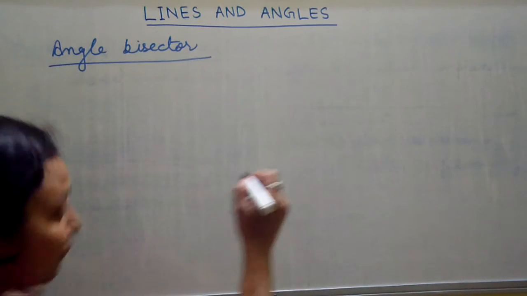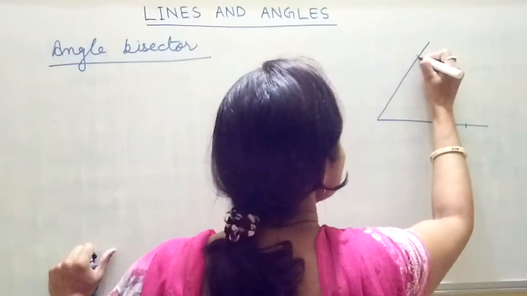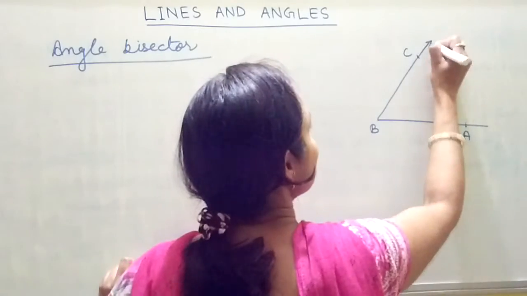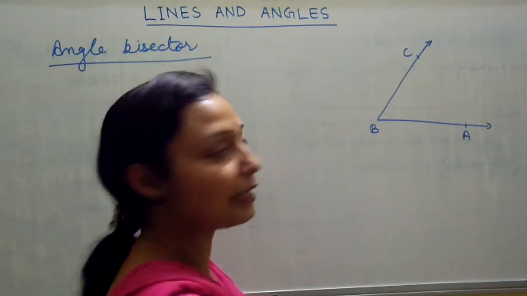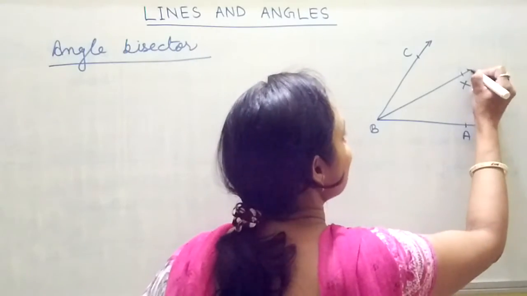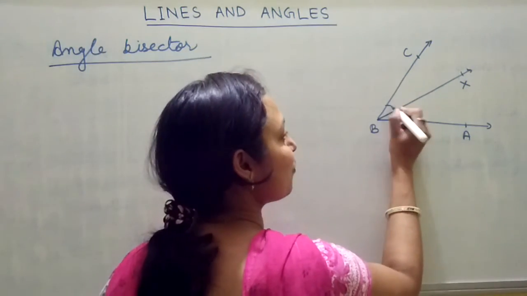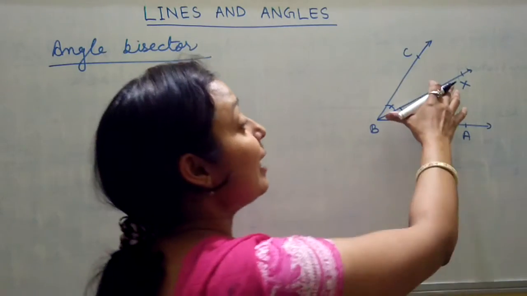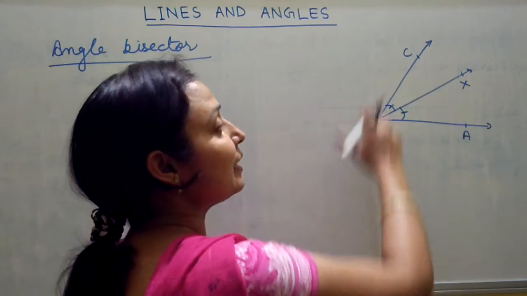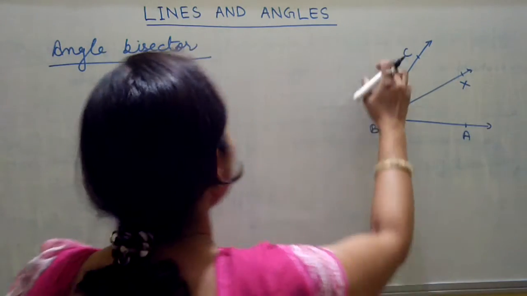For example, I have an angle: this is A, this is B, this is C. We have angle BAC. This is the ray BX in between such that this angle and this angle are both equal. Then BX is said to be the angle bisector of angle ABC.